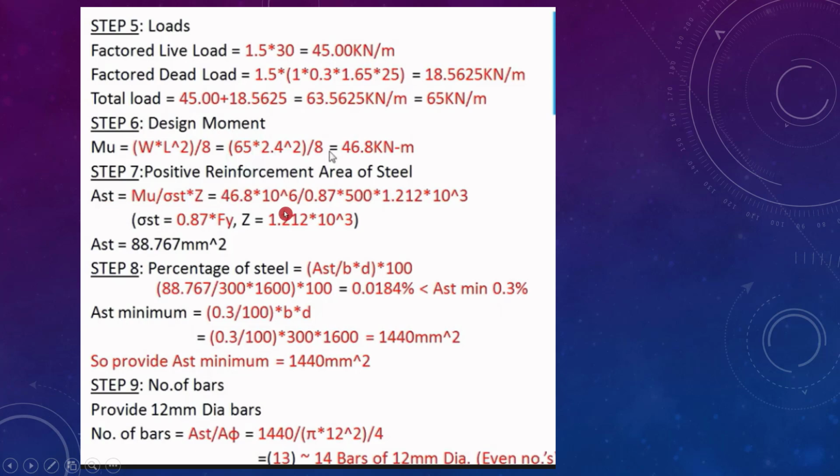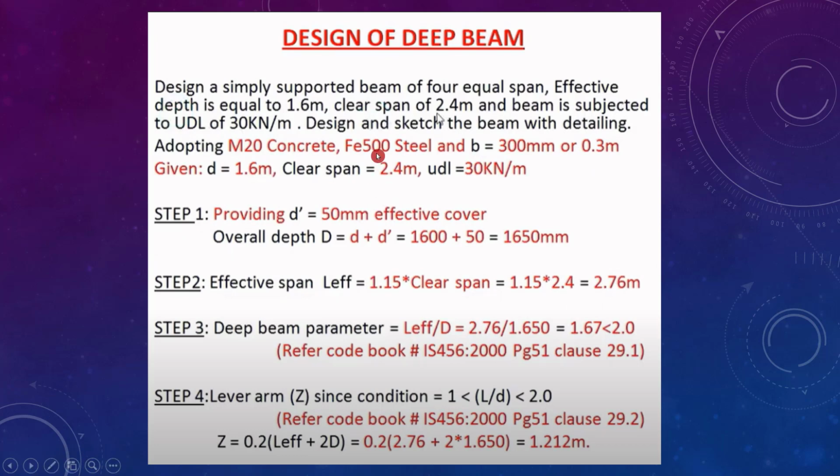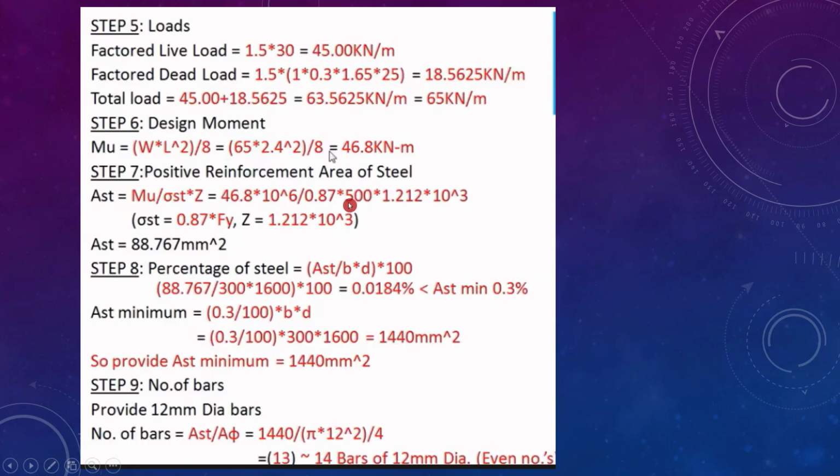So the moment value into 10 power 6, converting kN-meter to N-mm, divided by 0.87 into 500, because we are using Fe 500 steel, into the lever arm, 1.212 into 10 power 3. Using these equations, we get the AST as 88.767 mm square.